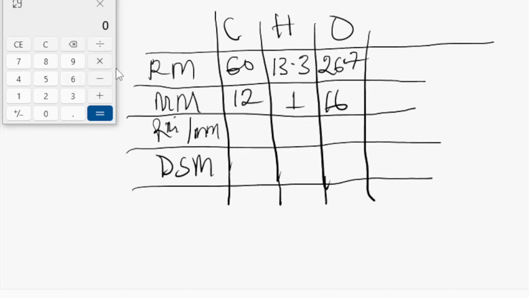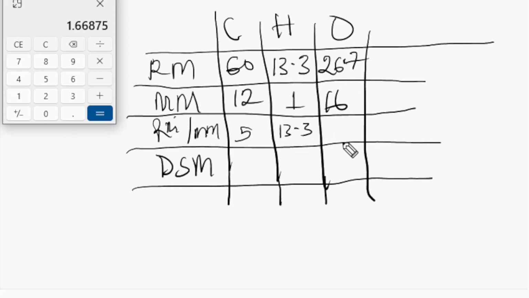So let's go ahead and calculate for this. 60 over 12 is going to be 5 here, and then 13.3 over 1 is still 13.3. So guys, 26.7 over 16 is 1.66.